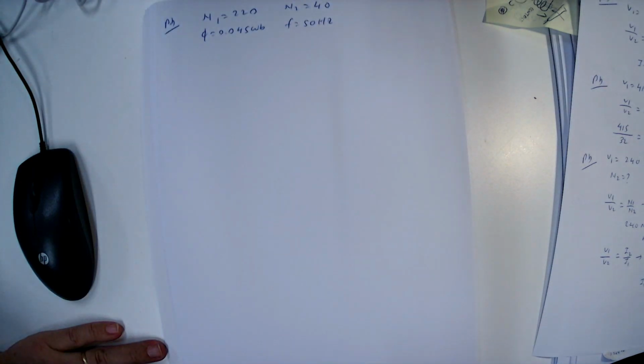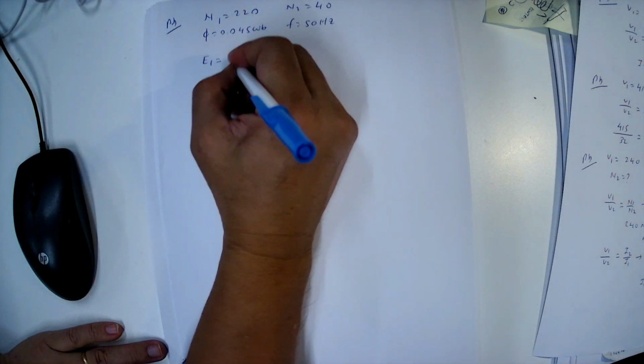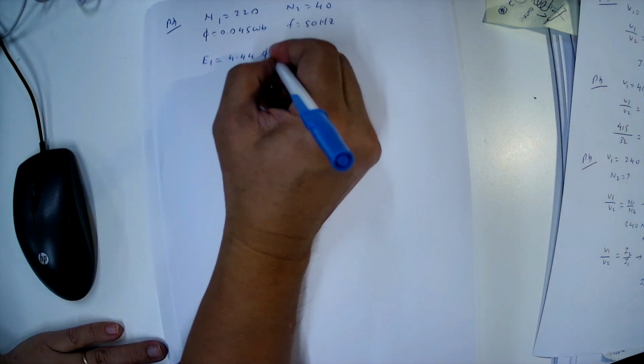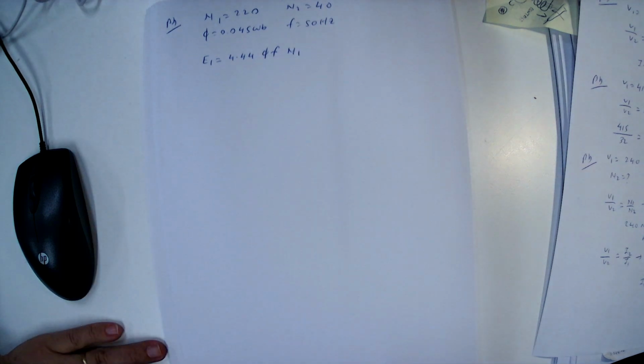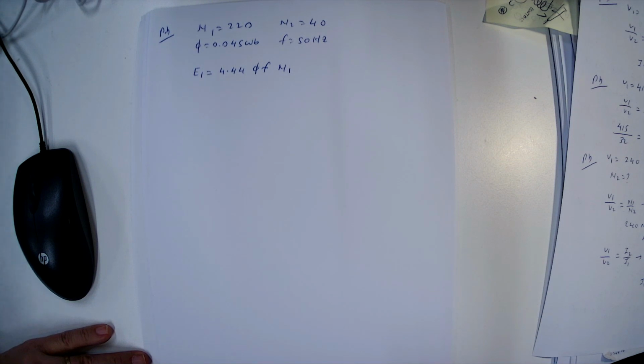So we need to calculate the primary voltage. So E1 equal to 4.44 phi F N1. This is the equation to calculate transformer voltage: 4.44 multiplied by flux, frequency and number of turns. If you want to calculate the primary voltage, you need to substitute N1. If you want to calculate the secondary voltage, you need to substitute N2.